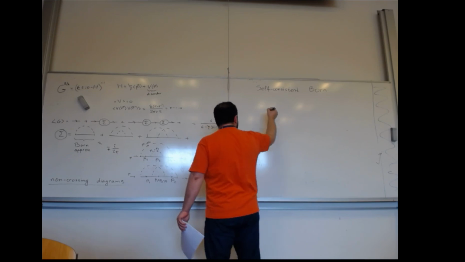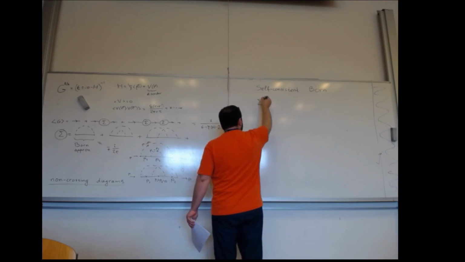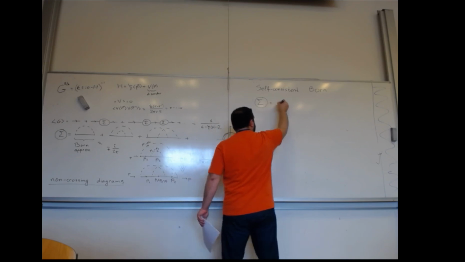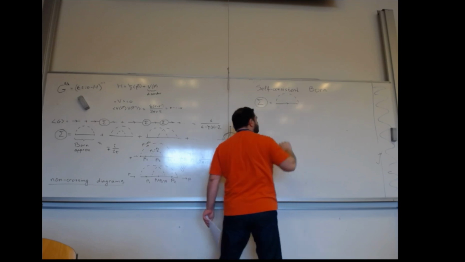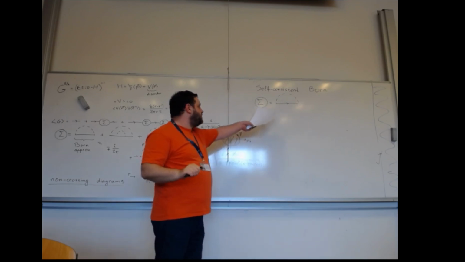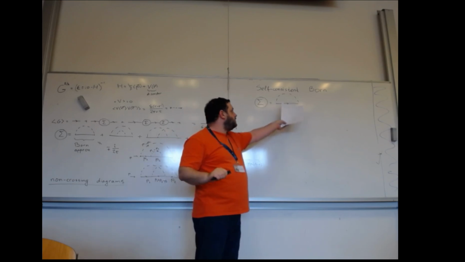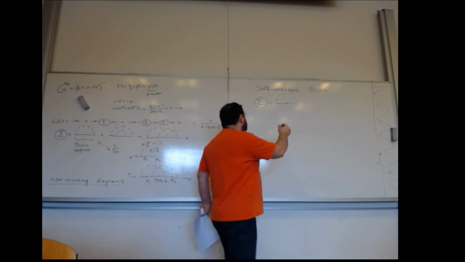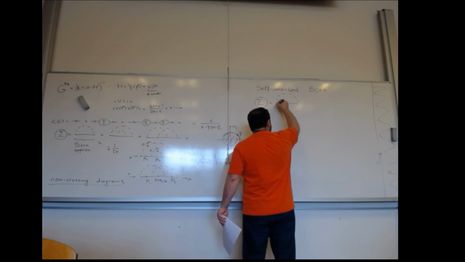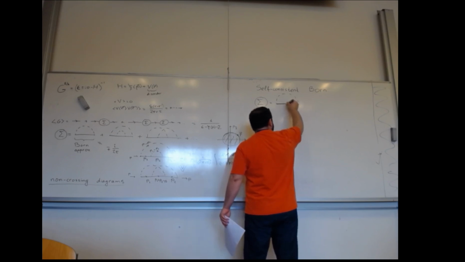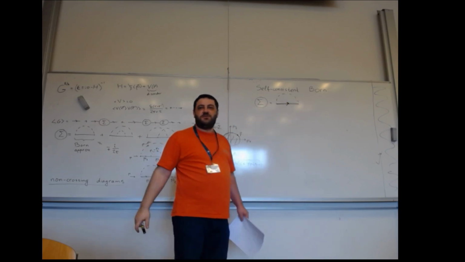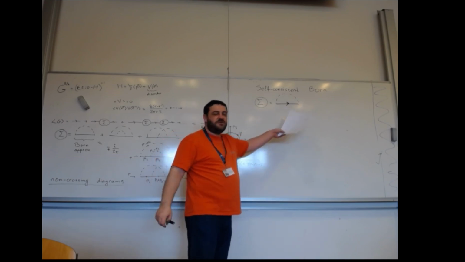In the Born approximation, we had sigma, which is given just by a single diagram with the Green function and a dashed line. The self-consistent Born approximation means that now we insert inside this self-energy not the clean Green function, but the Green function that takes this order into account, the average Green function.